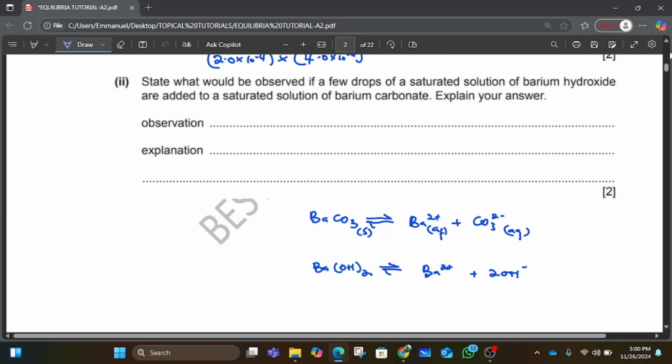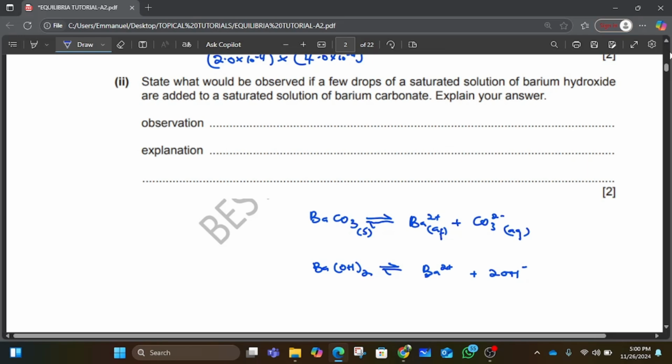Now, we are adding a saturated solution of barium hydroxide to a saturated solution of barium carbonate. If you dissociate barium hydroxide, you realize that you have barium ion, Ba2+. And you also have the same ion in the barium carbonate, that's the Ba2+.